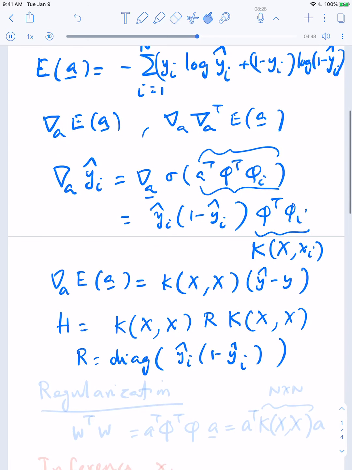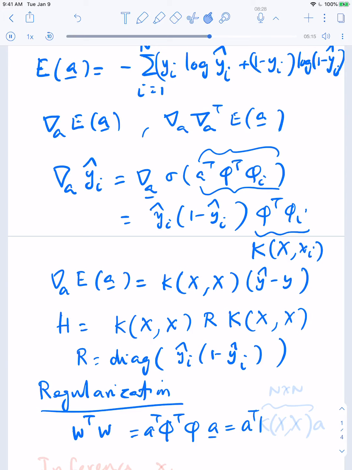The one other thing to mention is the notion of regularization. In regularization, we are putting a constraint on W transpose W, but W is now phi times A, so we have A transpose phi transpose phi A, and again we are not explicitly specifying phis.